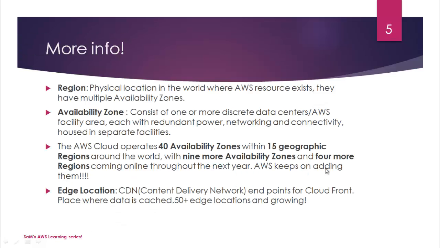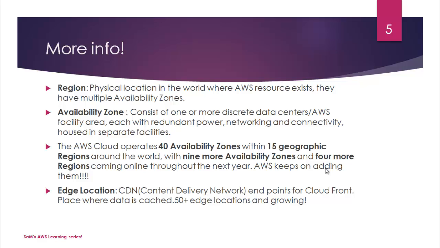So let's try to understand availability zone first. What do you mean by availability zone? Here is the definition from AWS, guys. It consists of one or more discrete data centers or AWS facility area, each with redundant power, networking, and connectivity, housed in a separate facility. So it's nothing more than a dedicated data center or data centers.